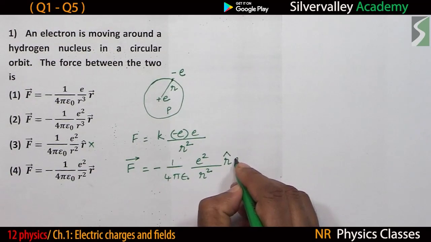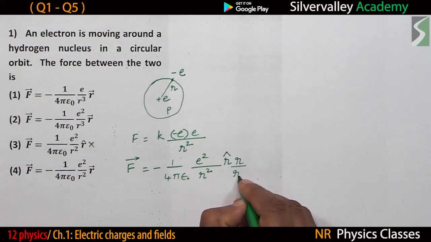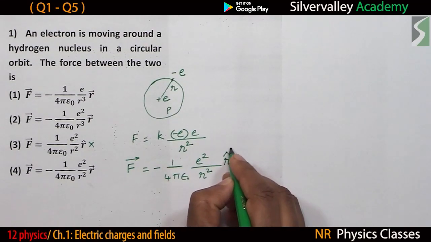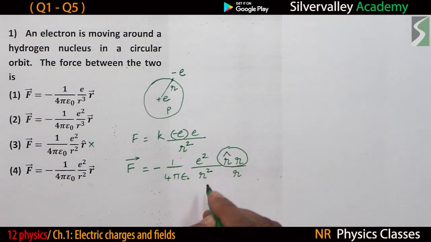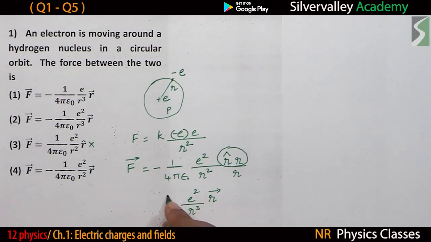Now multiply and divide this by the magnitude of r, the magnitude of the position vector. So the product of these two gives vector r into r square, which is r cube, e square with constant 1 by 4 pi epsilon naught with negative sign. Observe, negative sign, vector r by r cube.